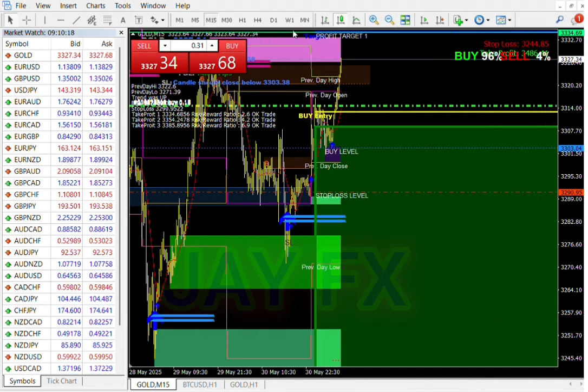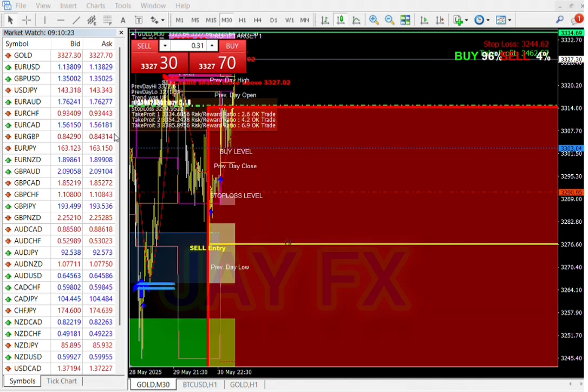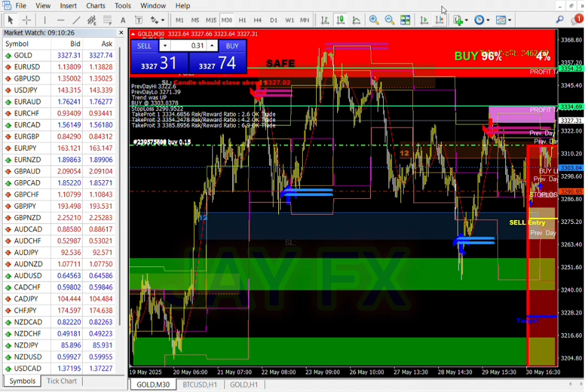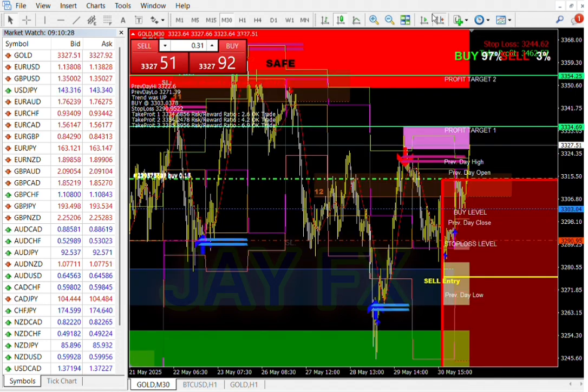So I don't see any difficulties here because everything is easy. As you can see, even in a bigger time frame, for the traders who trade with bigger time frames, you will understand that you can use them as well.